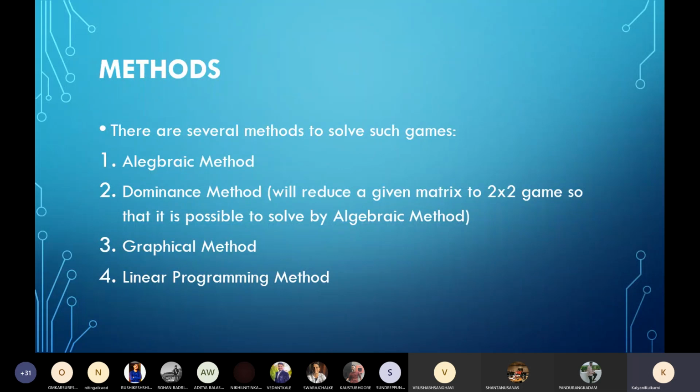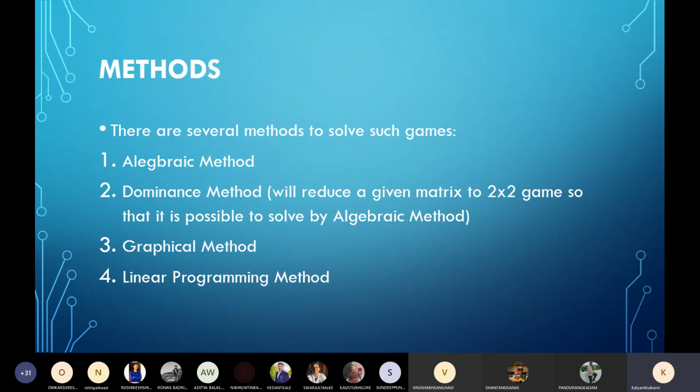It is used to convert m by n matrix into 2 by 2 matrix, and then that 2 by 2 matrix we will solve using algebraic method. Okay, so you are going to use these two methods in combination. For whichever order matrix that is given to you, apply dominance method first to reduce it to a 2 by 2 matrix, and then you go for algebraic method.